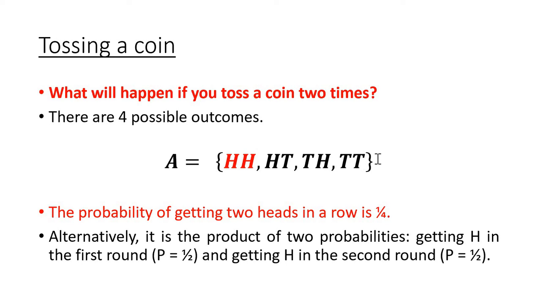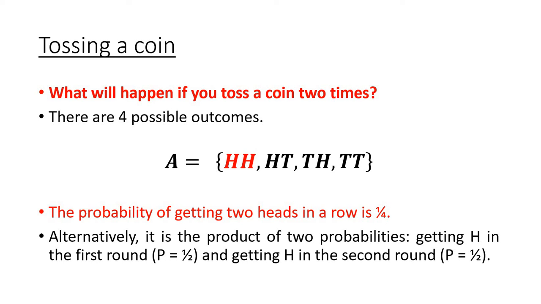So there are 4 possible outcomes, and if we are interested in probability associated with getting 2 heads in a row, this probability is equal to 1/4. Again, 4 possible outcomes, only one is considered as successful.